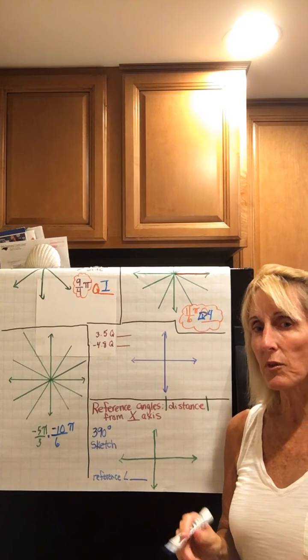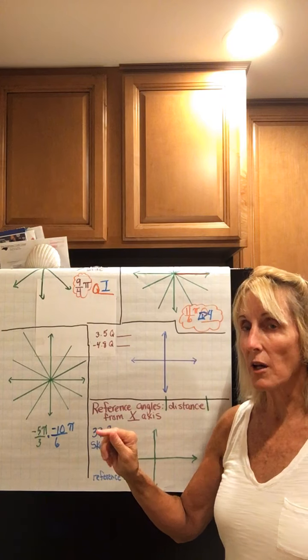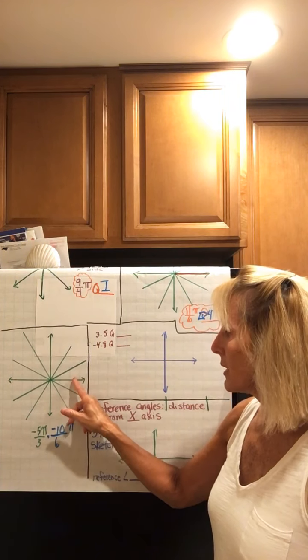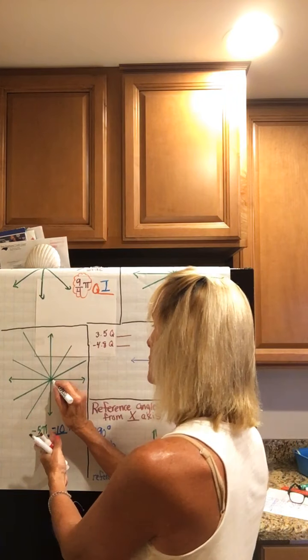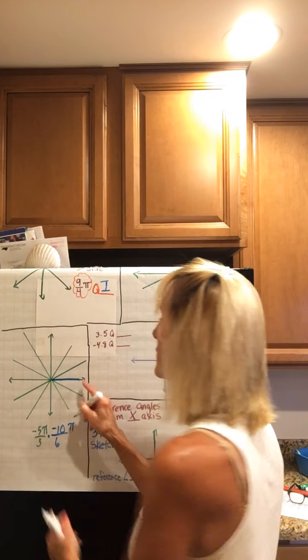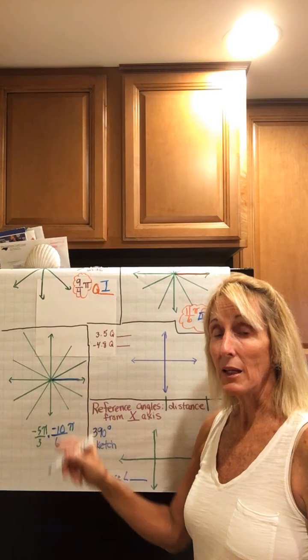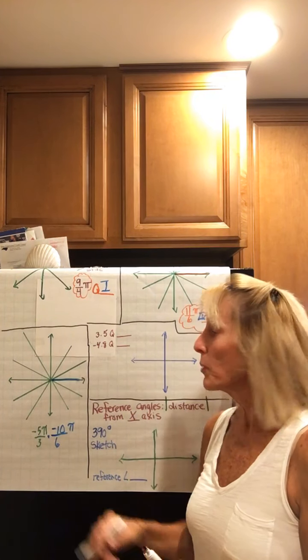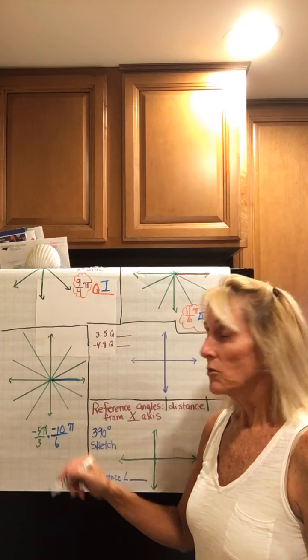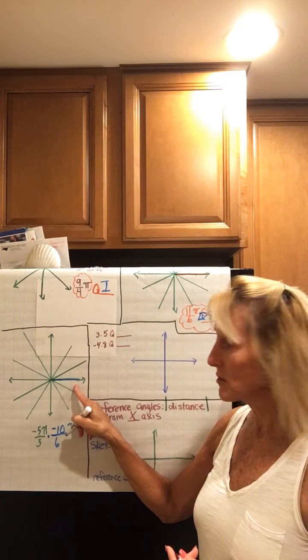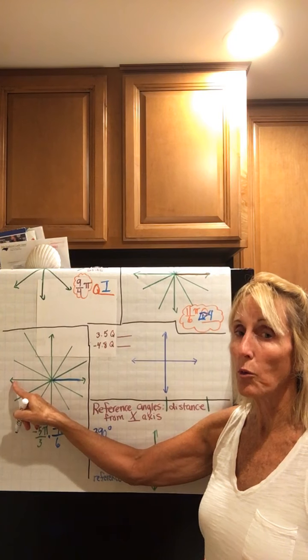And then notice something. This one's negative. I don't know if you remember this several lessons ago, negative means that I started at my initial side, always start at your initial side, but now I have to go clockwise. So again, these are 30-degree angles, but we're going to go clockwise. So I'm going to go here, and you can always skip things. Remember, 6/6 is a pi. That's 1 whole pi.